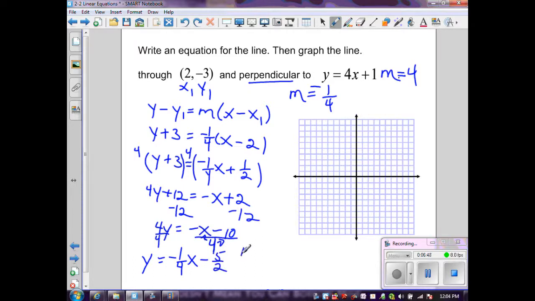So my slope on this equation is a negative 1/4, and my y-intercept is 0, negative 2.5.